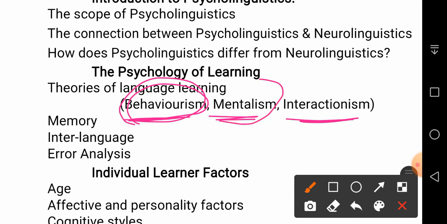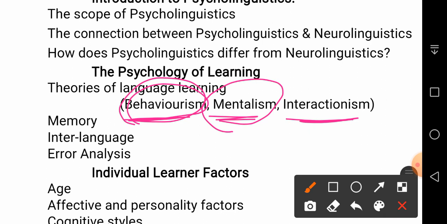Mentalism is a theory which says no, human beings are a different species. Humans are not the same as other creatures, and language is a faculty given only to human beings, not to other creatures like parrots, monkeys, and even bees and fish.